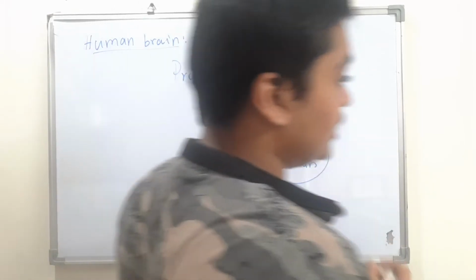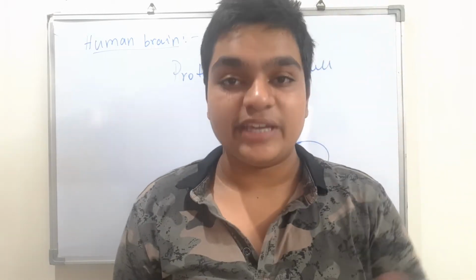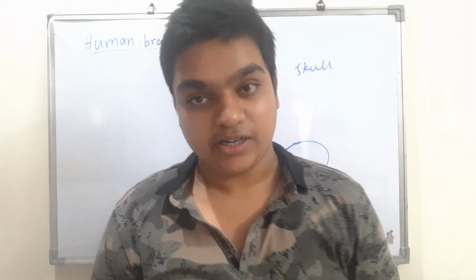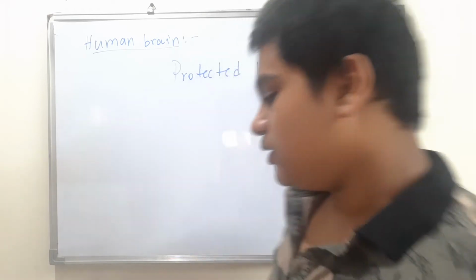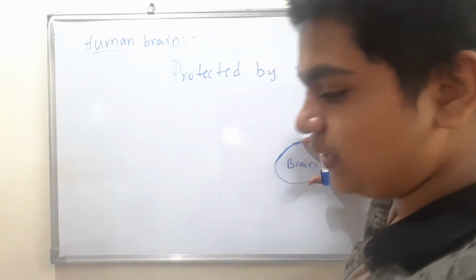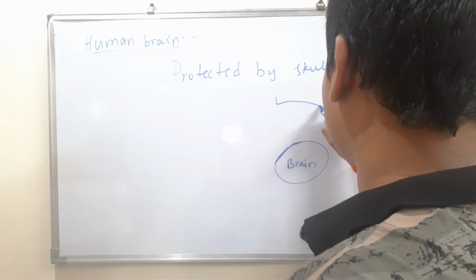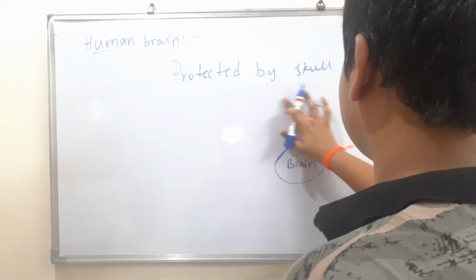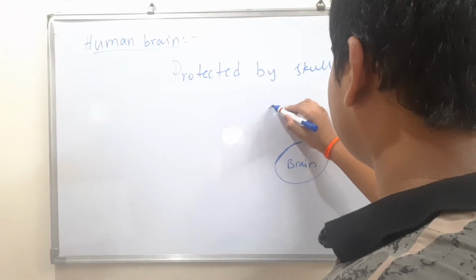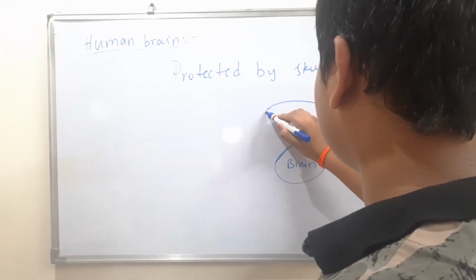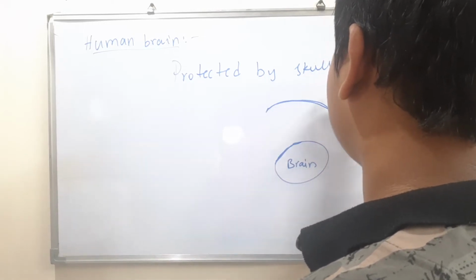Not only the skull, below the skull there are meninges which protect the brain. That is why I am drawing it. See, this is your brain part and this is your skull part, the cranium which we spoke about.